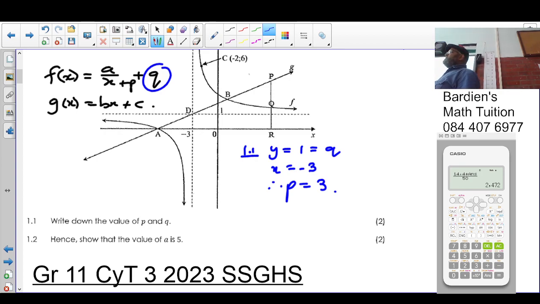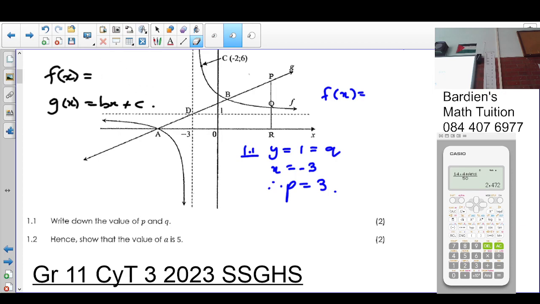In your mind's eye, just always check on your hyperbola graph. In other words, the hyperbola graph now reads a over x plus 3, plus 1.